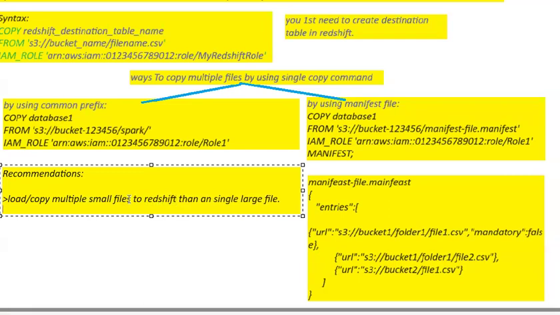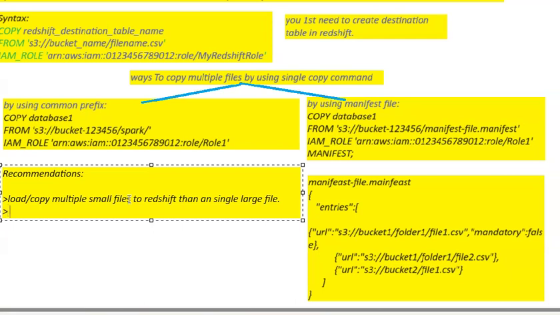rather than a single large file, because if you provide a single large file, then what happens? It will execute in serial mode. Since that is a single file, it takes a lot of time. Rather than that, it is recommended to take small files and then copy those files to Redshift so that it makes a parallel copy.